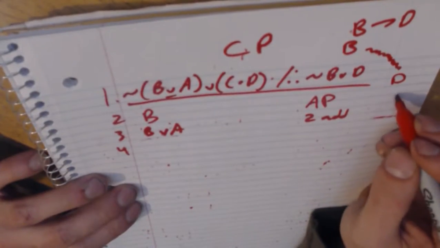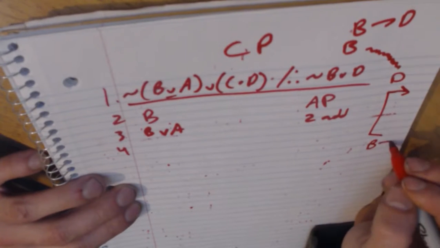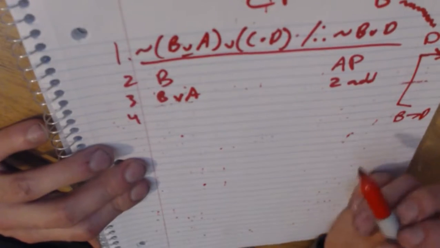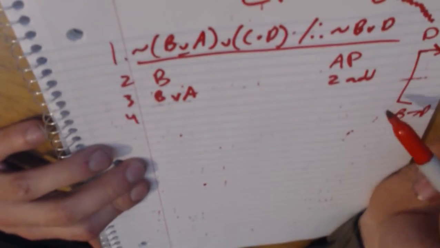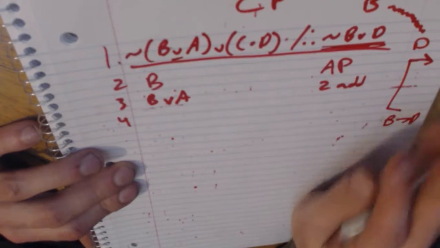Then at the end of our whole little arrow thing, then we can do if B then D. So at the end here, the idea is to get a D. Now that doesn't look like this, but we'll worry about that afterwards.